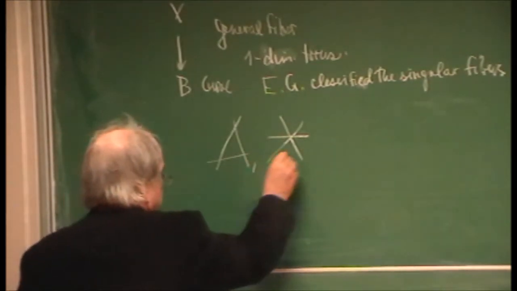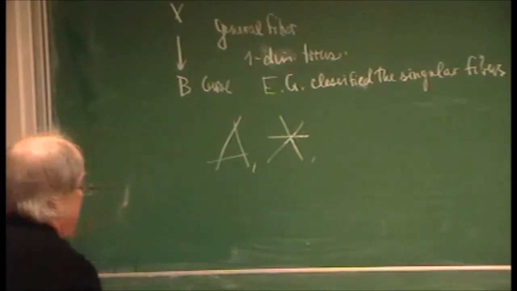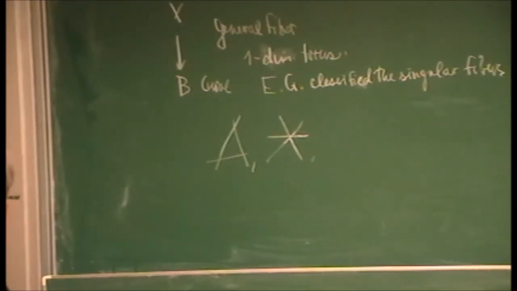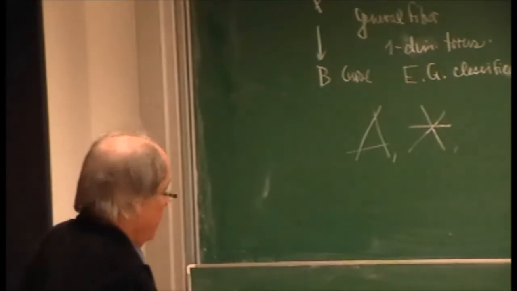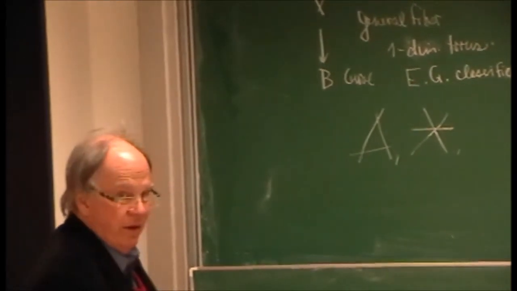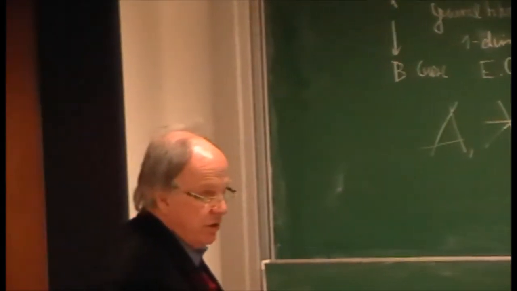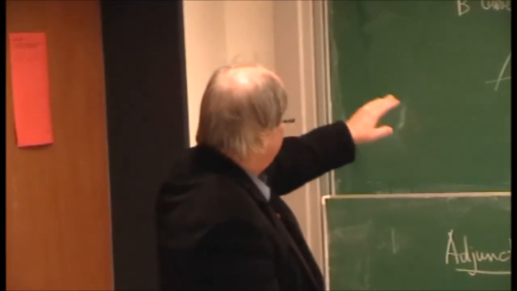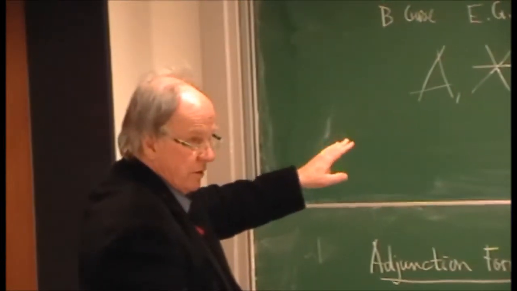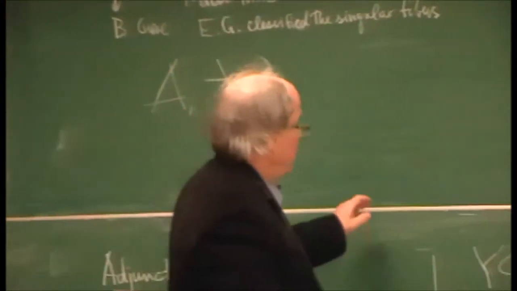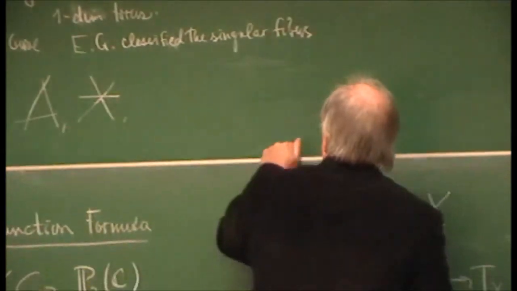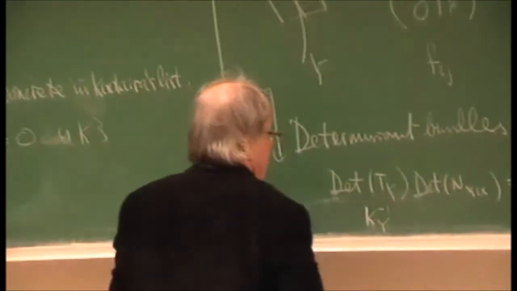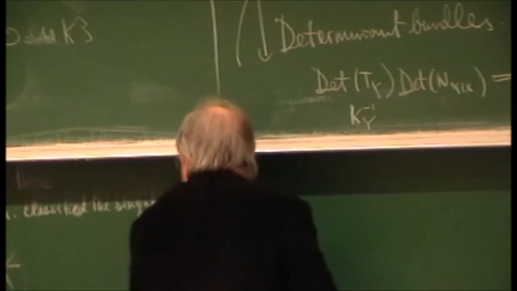And there's a huge table of these things. These things turn out to be very interesting, even from the point of view of differentiable and topological structure. There's an entire book written by a topologist by the name of Friedman, a very serious topologist, on exactly the differentiable topology in the background of all these fibrations. This is a fundamental thing. So that's Kodaira dimension 1. And then finally Kodaira dimension 2.